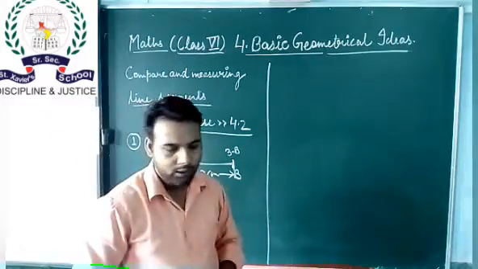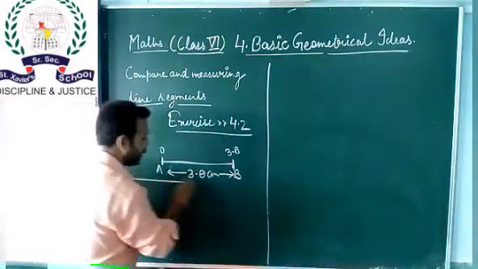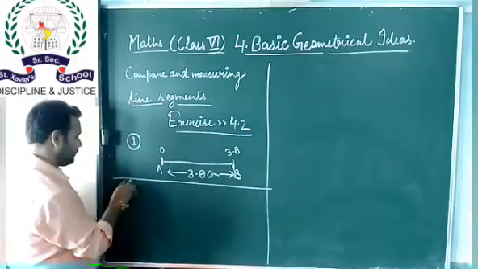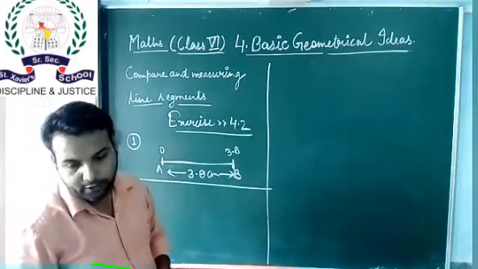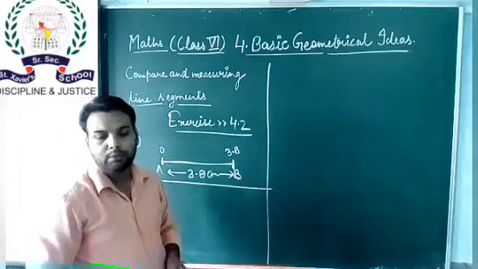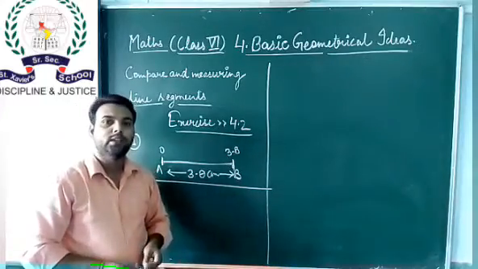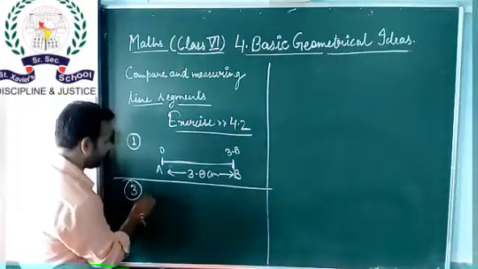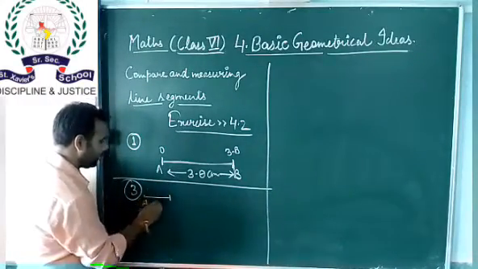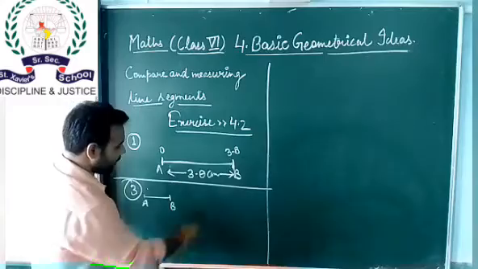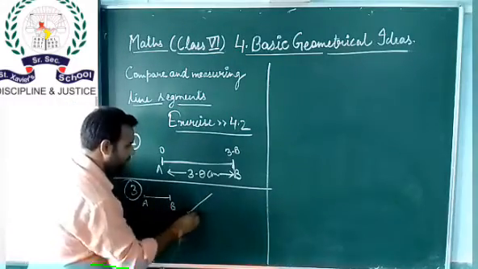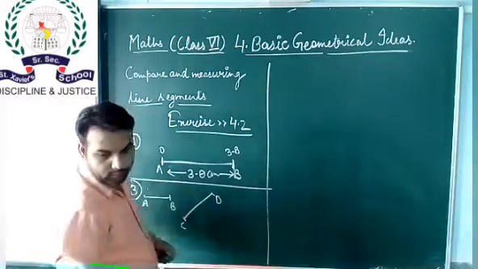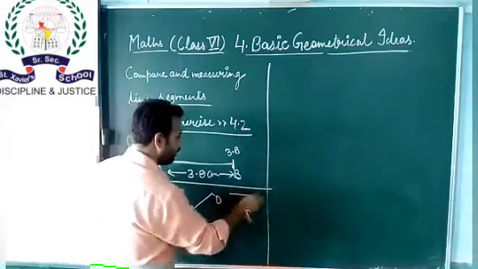And from question number 3, it is given, identify which of the given line segments is the longest line segment. Some line segments are given. First is AB like that. This is AB, and the other is CD. Third is EF.